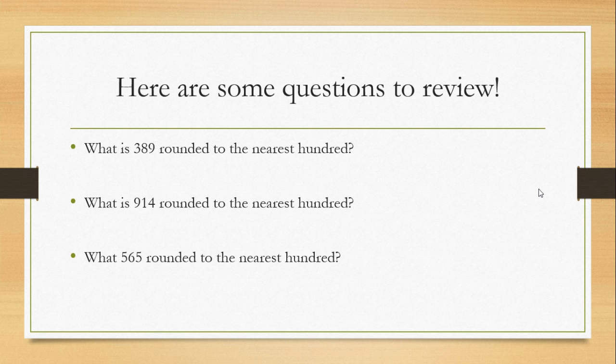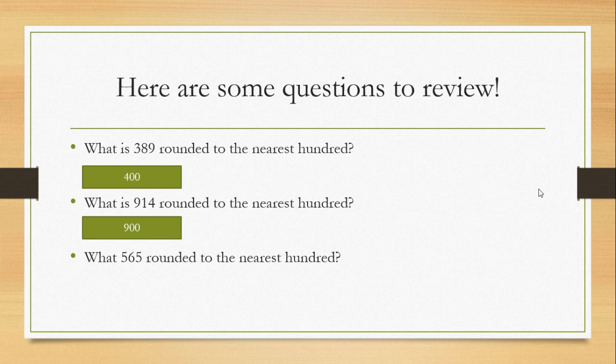Here are some questions to review. What is 389 rounded to the nearest 100? 389 rounded to the nearest 100 is 400. What is 914 rounded to the nearest 100? 914 rounded to the nearest 100 is 900.